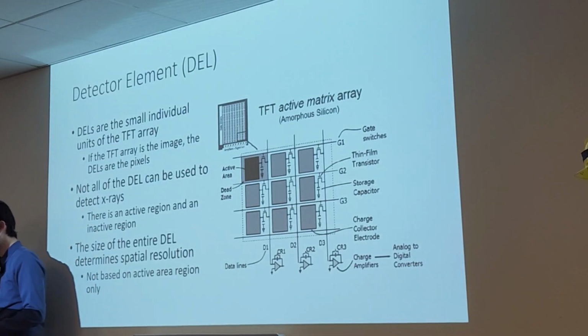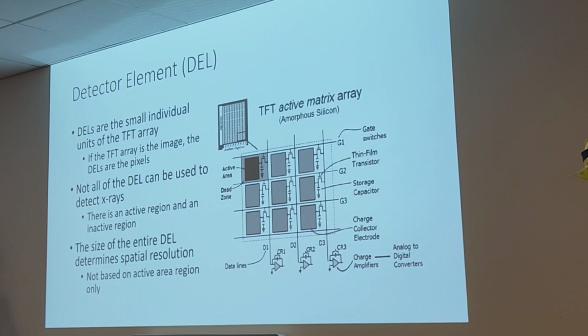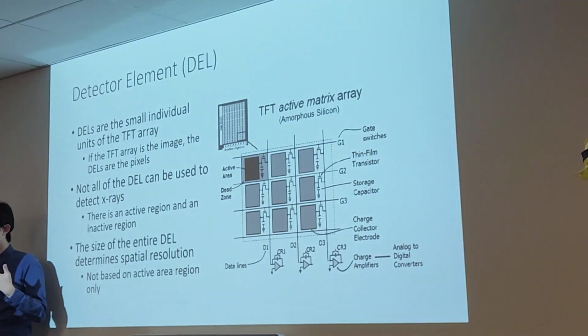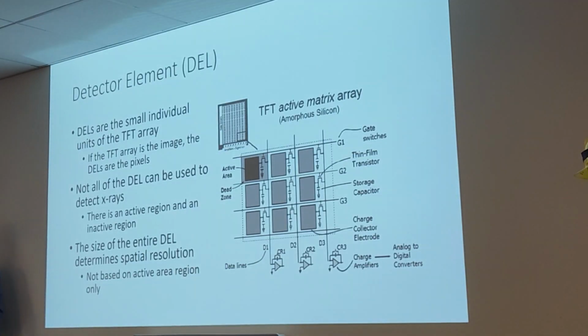So you've got an active region that detects X-rays, and an inactive region which does not. Active is doing stuff, inactive isn't. So the light gray is inactive and the black is the active one? Correct. In this first square, the light gray is the inactive dead zone, and the black part is your active area.